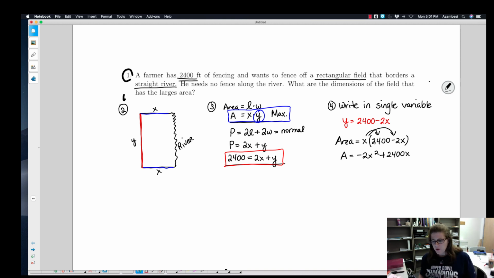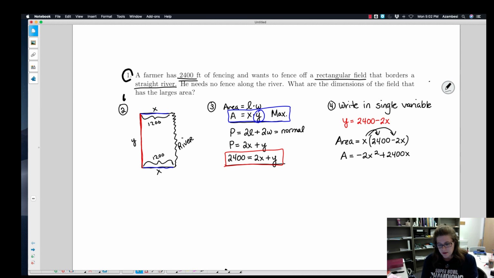Now, if we want to think about what domains are valid, we can have x values up to what doesn't make a perimeter anymore. So I've got 2,400 feet of fencing. The longest that this length could possibly be would be 1,200, because this one would be the same length. And essentially that means that y would be tiny, tiny, wouldn't actually make a perimeter at all.